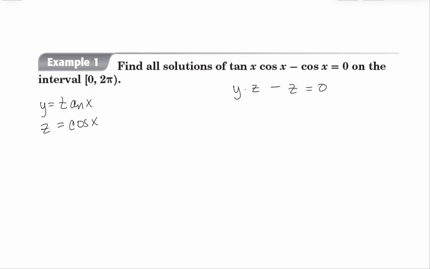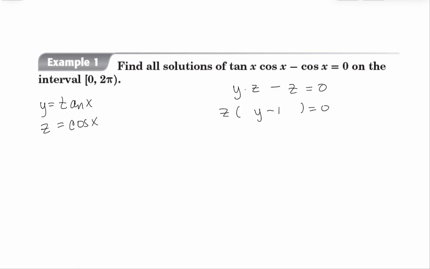And if I asked you to solve that equation for y and z, let's think about algebraically what we would do. Well, the y's and z's are touching at the moment, but one of the things we can do is factorization. If we factored out a z, we would get y minus 1.